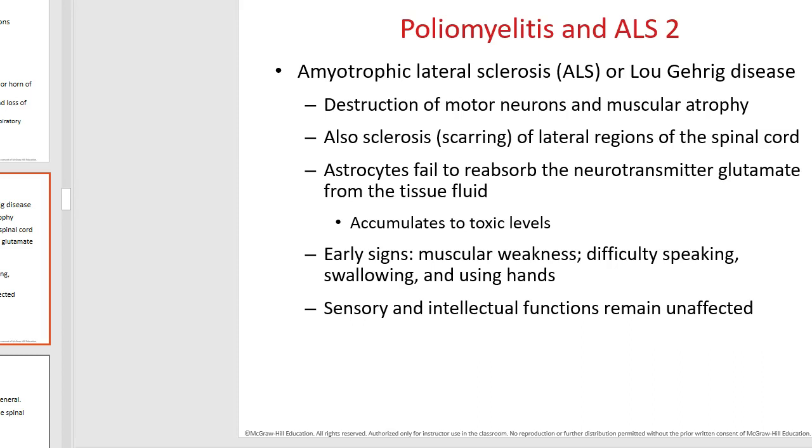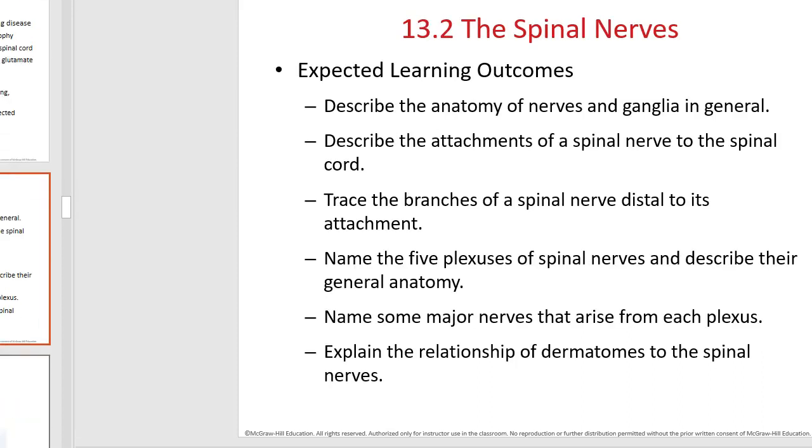It's almost like your muscles and nerves are frozen and they aren't able to move. So you end up with muscle weakness, difficulty speaking, as you saw people shivering as they were trying to call other people's names out, and difficulty swallowing and using hands. But their intellectual functions and sensory stay unaffected. They stay normal and intact. It's just the motor neurons that are affected.